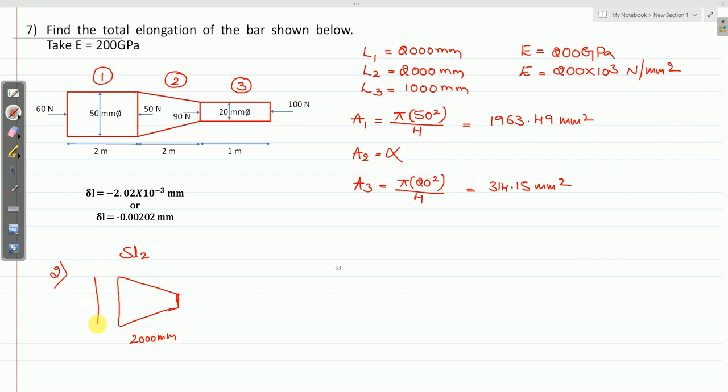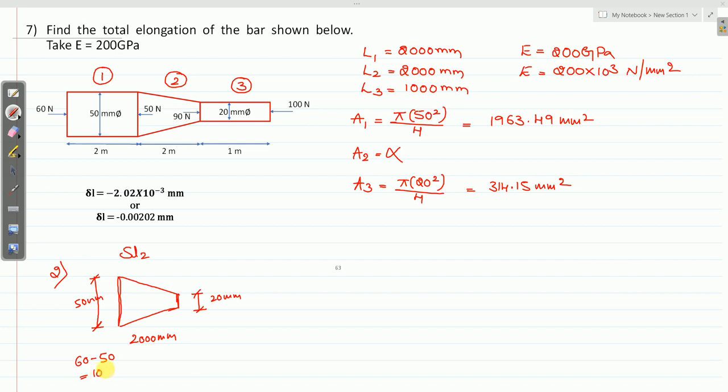At this end, you know the diameter 50 millimeter. Similarly, at this end the diameter is 20 millimeter. Let me calculate the force at this section. So here it is 60 minus 50. You will get 10.